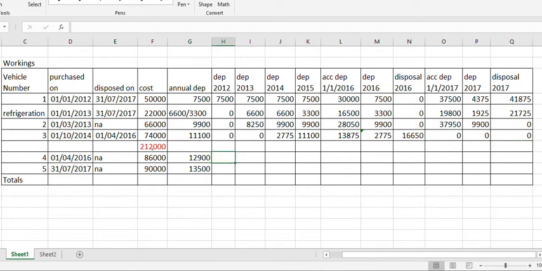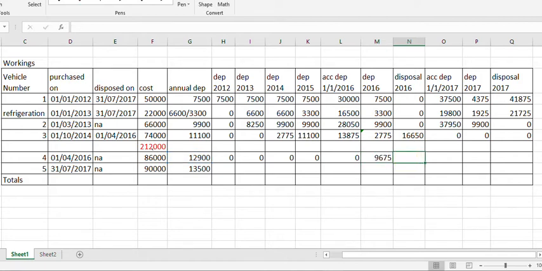Now we go down to vehicle number 4. Vehicle 4 and vehicle 5 were bought after 2016, so all of these columns are going to be 0. It was bought on the 1st of the 4th 2016, so for 2016 our depreciation would be a full year's depreciation divided by 12 multiplied by 9 months, 9675.